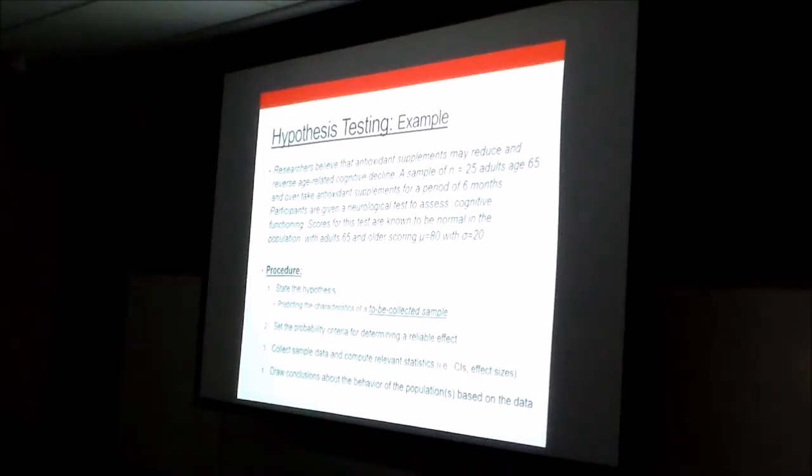Everybody's older adults. But what we're going to do is we're going to say, is the population of older adults who are taking supplements, that hypothetical population, is the mean cognitive functioning for that population different than the reference group, which is going to be just all older adults. And the older adults means the age from 65 and above. Yeah. Okay, so we don't have to define.